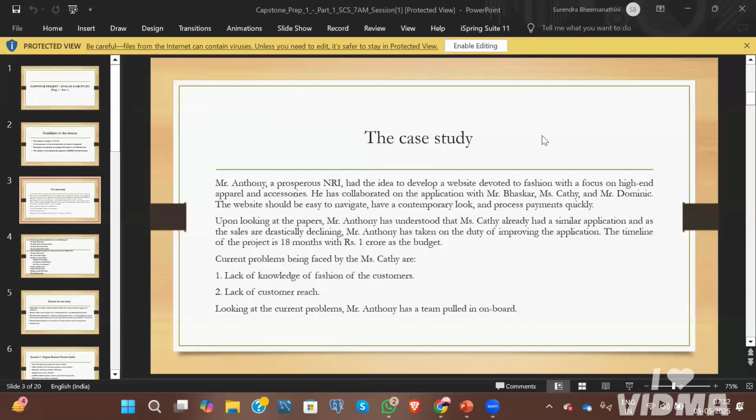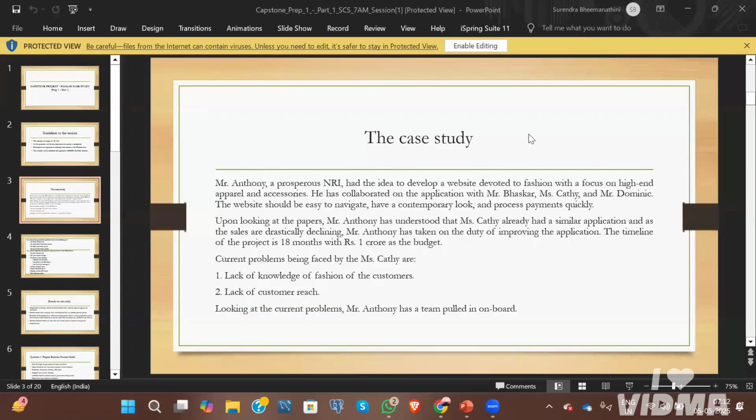It is available in your student portal under the document section. You can see this PPT there.